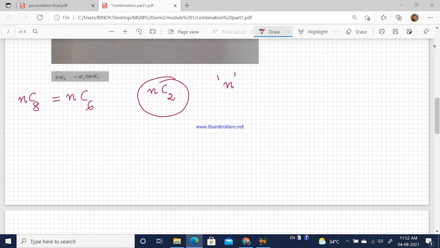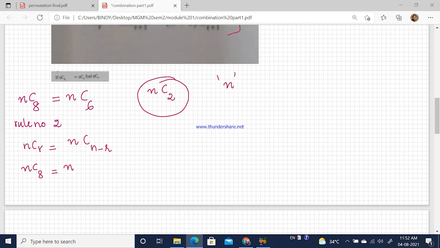So according to property number 2, nCr is nothing but nC(n minus r). So we can say that nC8 will be equal to nC(n minus 8).